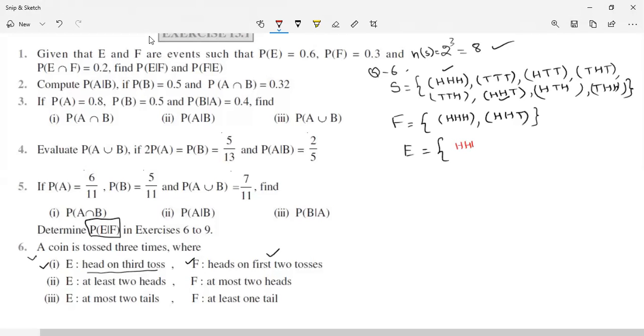Third toss will have head, so this will come, then this will come. Tail, tail, head. Then this will also come, head, tail, head. Then this will also come, tail, head, head. Okay.